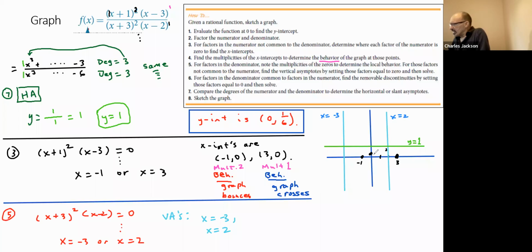We kind of know what happens in the next interval, but actually we know that the graph is going to have to go up like that. We know that because if it were not true, then it would go down like this. But if it did that, we would have another x-intercept, and we know that the only x-intercepts are at -1 and at 3. So we know that much.